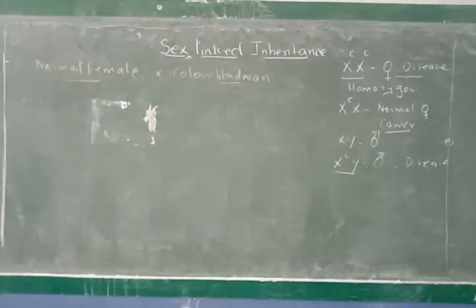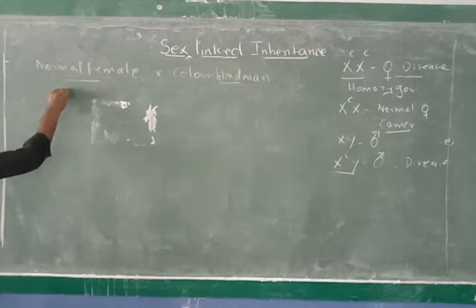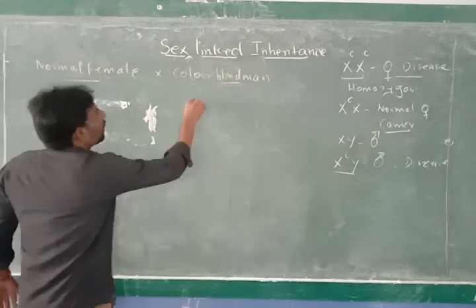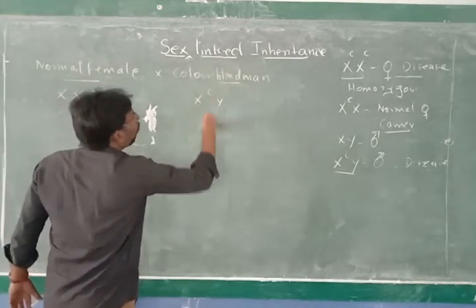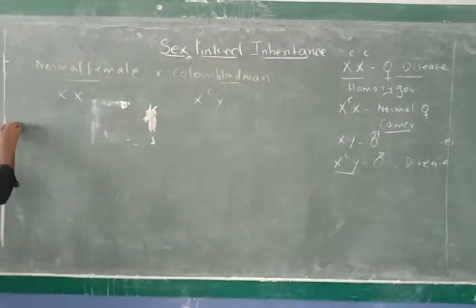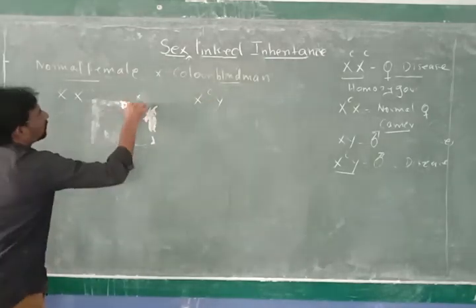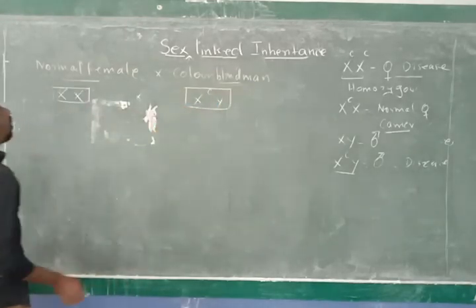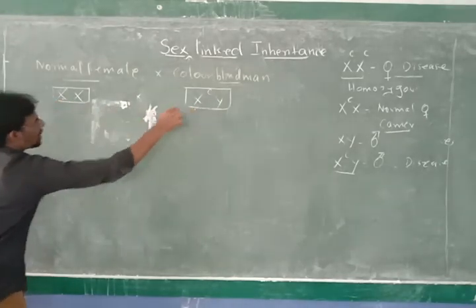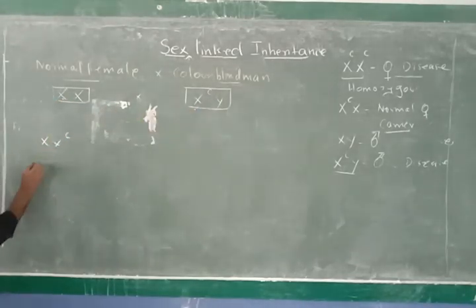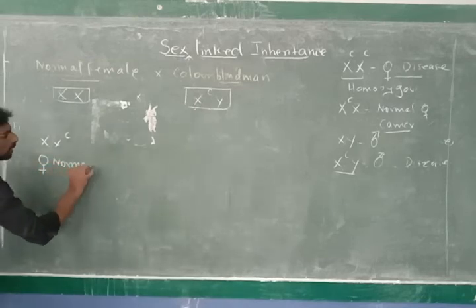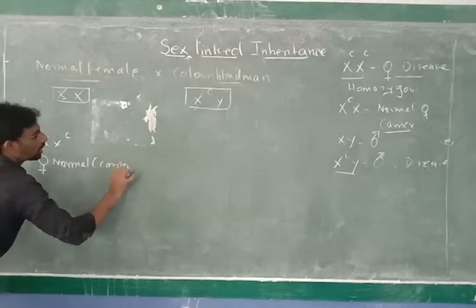The normal female is X X. Color blind is X^C Y. Now the F1 generation, they are getting married. So this is the gene that is located here. Now what happens here? This X and this join together, so it becomes a female, normal only, but she is a carrier.